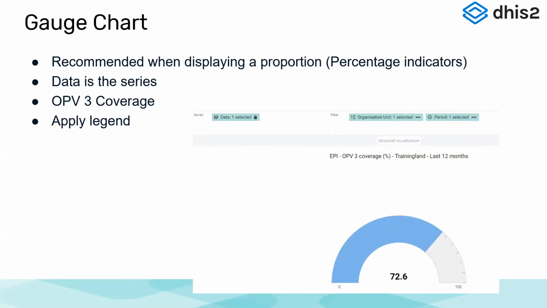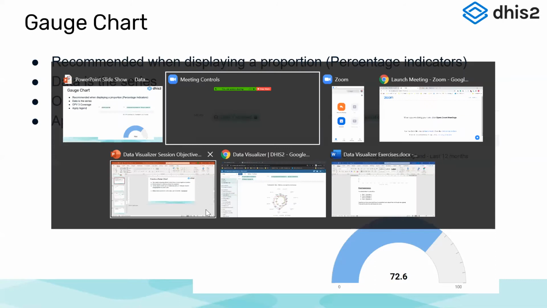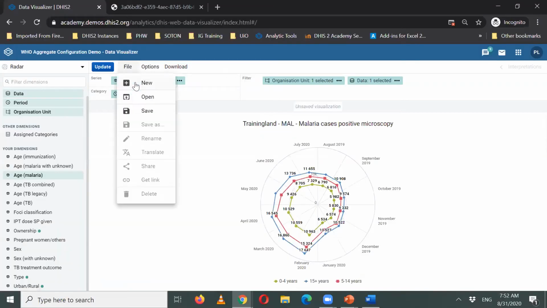So usually it's a proportion, and the main area where we use it is on percentage indicators. So I suggest you use percentage indicators when practicing gauge charts, because it will be more clear what the chart shows. So I'll go to the instance and create a new chart.